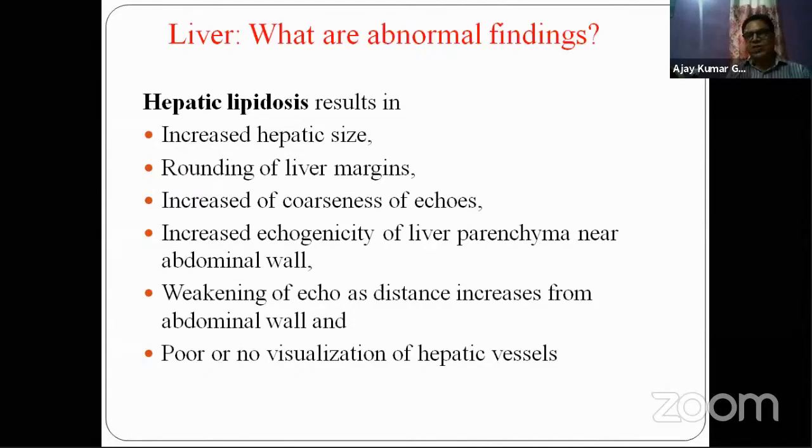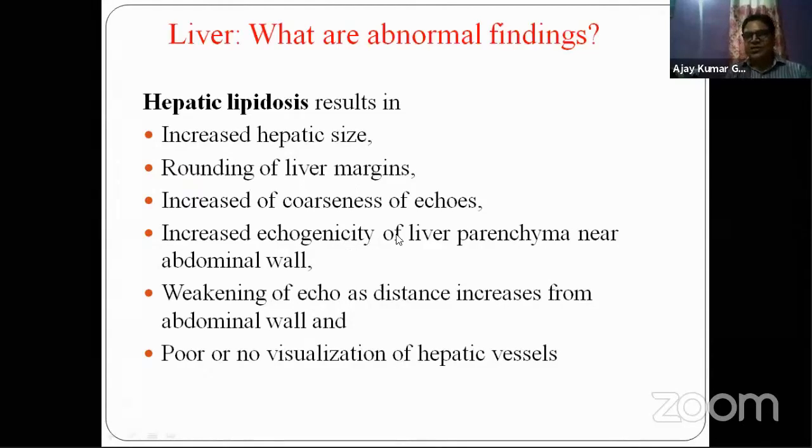The echogenicity of liver parenchyma will be increased close to the abdominal wall. It will be hyperechoic than normal, close to the abdominal wall, whereas the deeper parenchyma of the liver will be lesser echoic. It will be hypoechoic. The reason for that is the fatty infiltration increases the echogenicity of the liver.